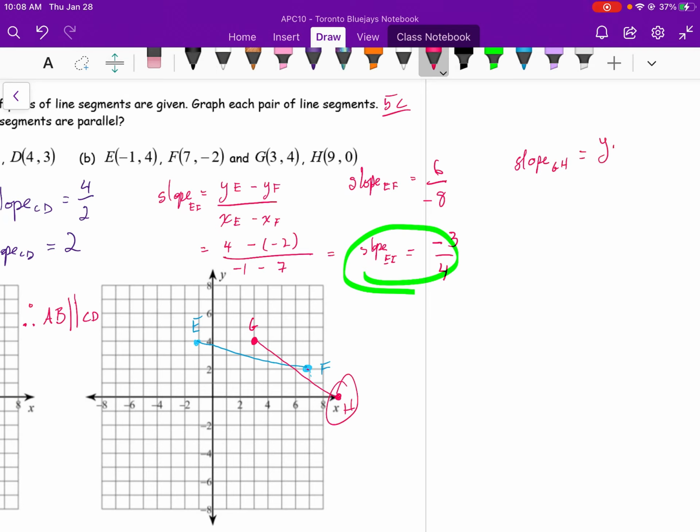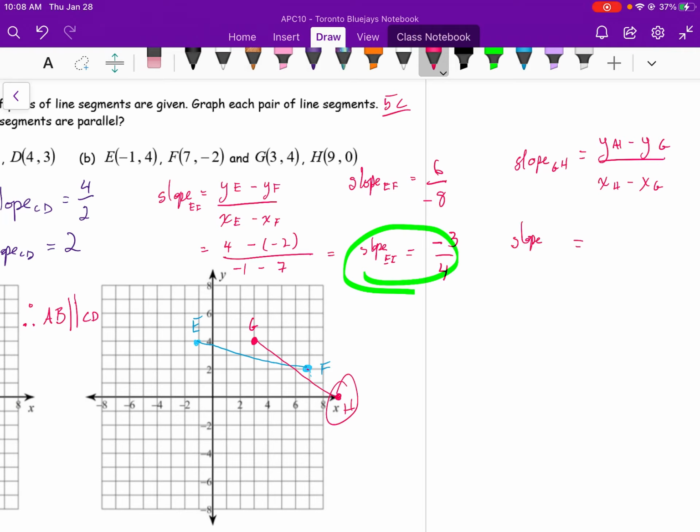The slope of GH is y of H minus y of G divided by the x of H minus the x of G. So when I look at GH, I know that it should be negative because we're going downhill.